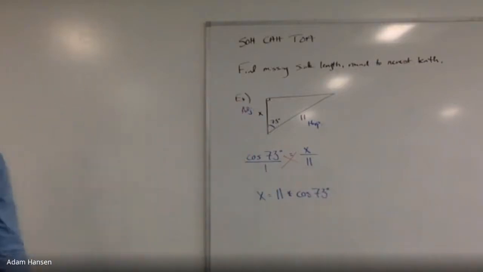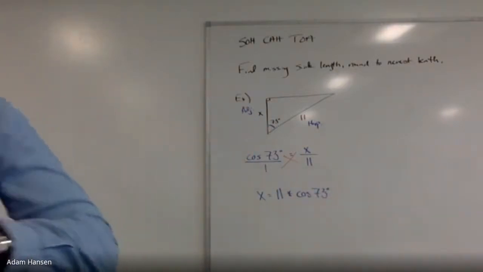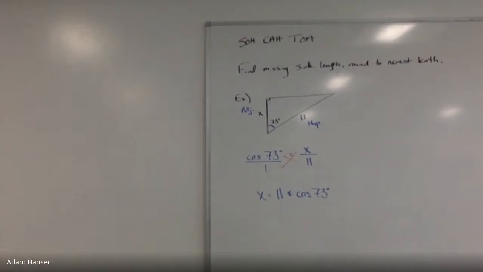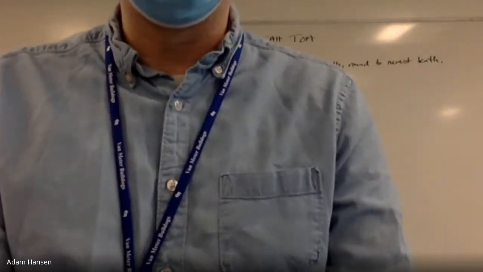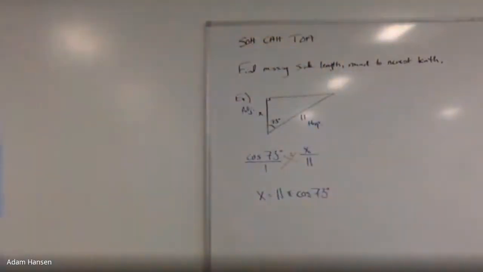Could everyone on their calculator please type in that statement? 11 times cosine 73 degrees. I'll do the same on my calculator. Hopefully we all get the same. Before you type this in, should my answer be bigger or smaller than 11? Let's make sure our answer makes sense in context of the triangle. Smaller. Why smaller, AJ? You're right. Look at the triangle.